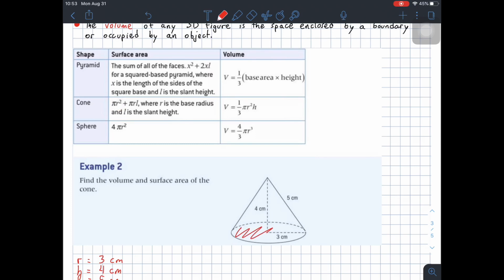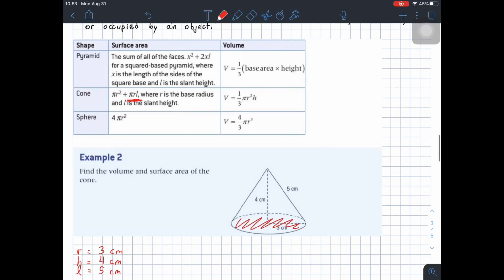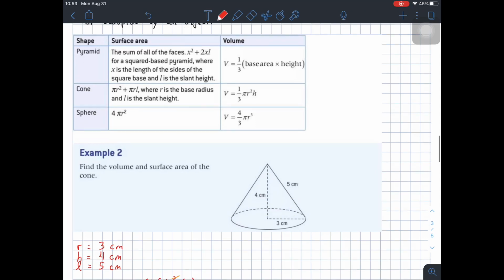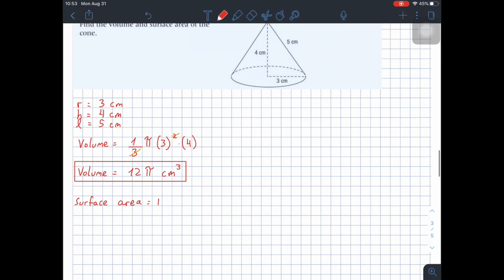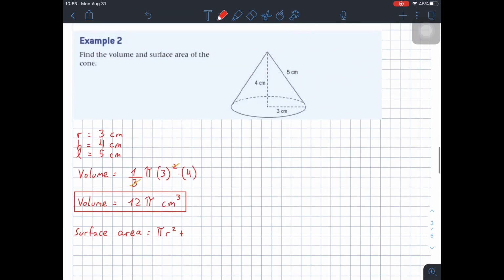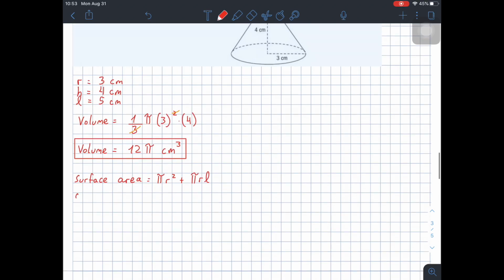So it's the area of the base plus the area of the curved surface area. So this pi rl corresponds to the area of all of this lateral part of the cone, okay? So let me write the formula here. It's pi r squared plus pi rl. So we're going to plug in the information.